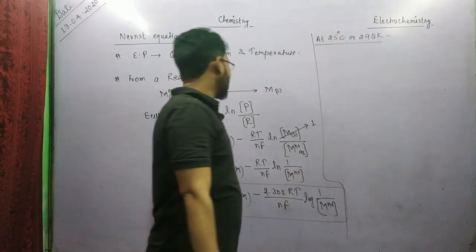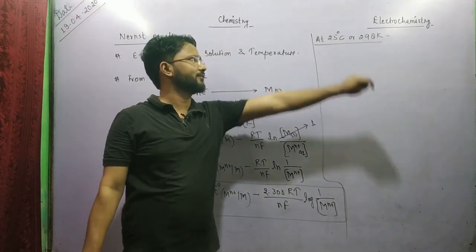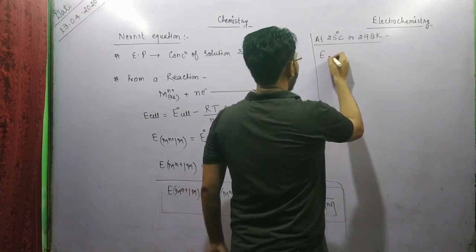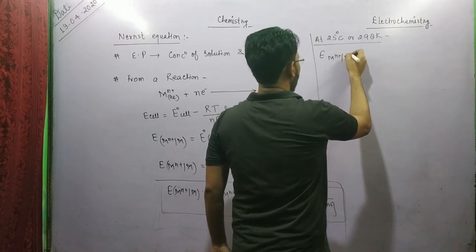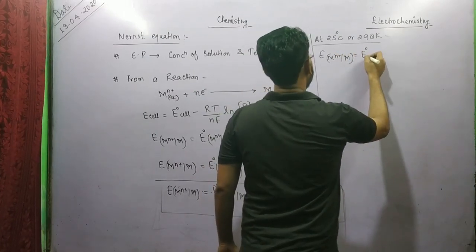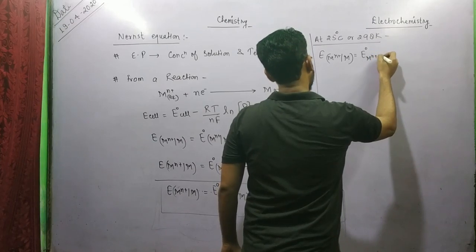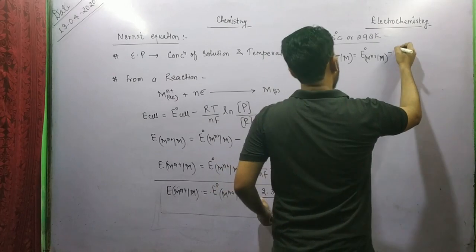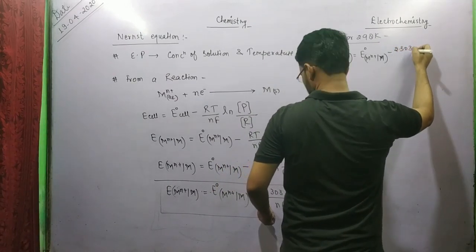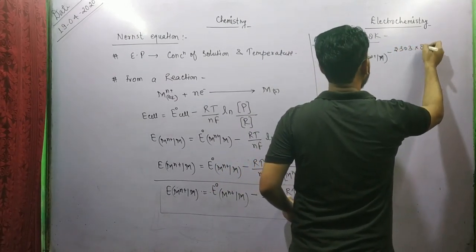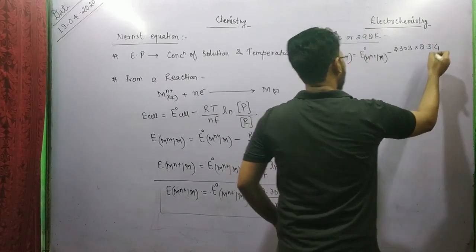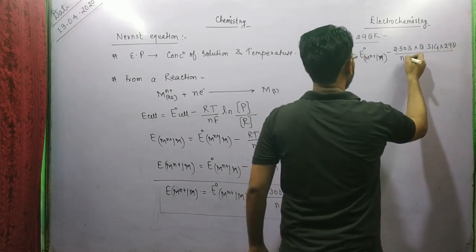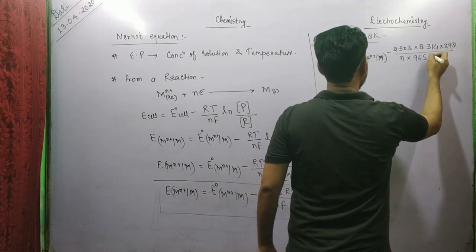If all conditions apply at 25 degrees Celsius or 298 Kelvin, then the equation becomes E of M^n+/M equals E° of M^n+/M minus 2.303 times R times T over n times F. R is the gas constant, with value 8.314, T is 298, and F is the Faraday constant, with value 96500.